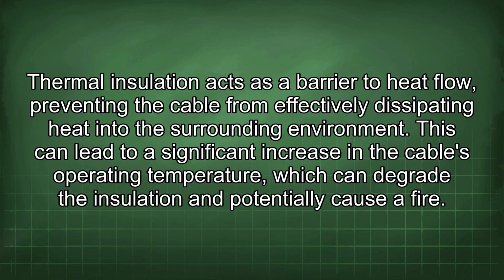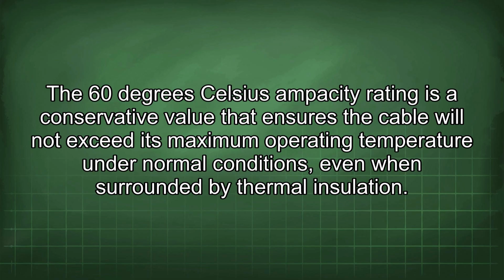Thermal insulation acts as a barrier to heat flow, preventing the cable from effectively dissipating heat into the surrounding environment. This can lead to a significant increase in the cable's operating temperature, which can degrade the insulation and potentially cause a fire. The 60 degrees Celsius ampacity rating is a conservative value that ensures the cable will not exceed its maximum operating temperature under normal conditions, even when surrounded by thermal insulation.